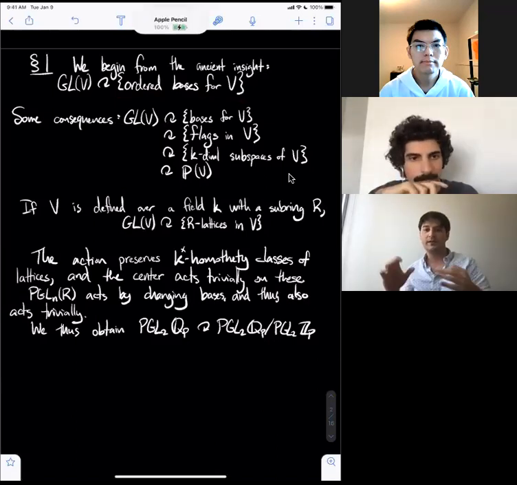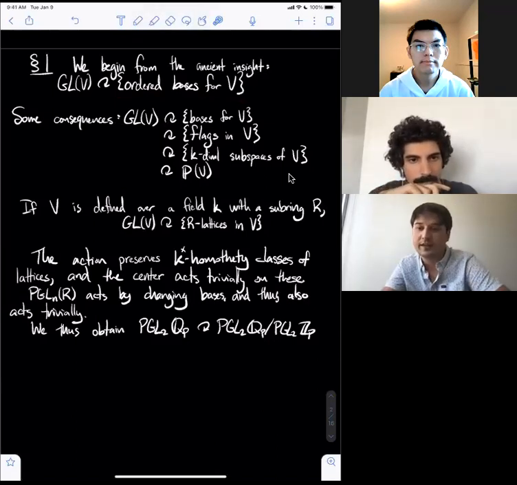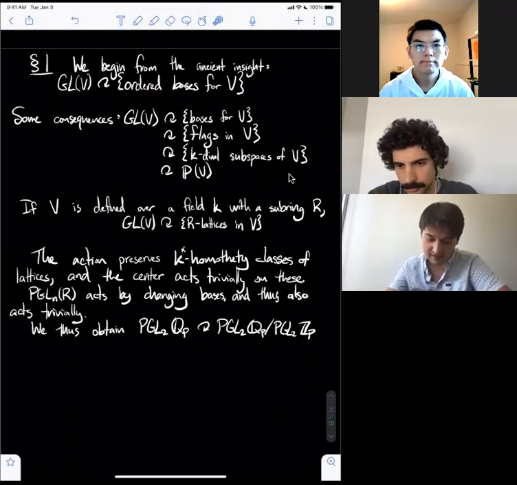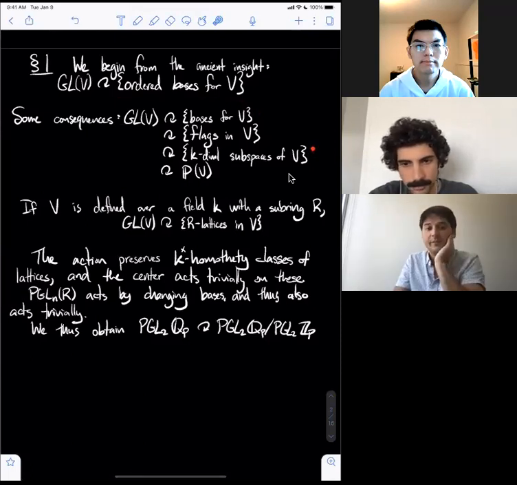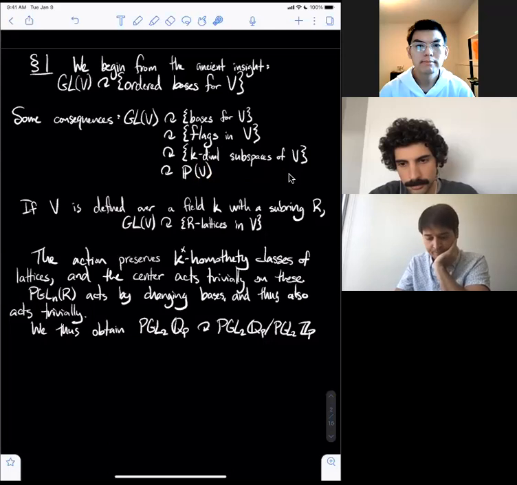So we can take different related things to this set and get different actions. If you act on the ordered bases, you act on bases, you act on the flags in the vector space, you act on the k-dimensional subspaces of the vector space, you act on the projective space or the one-dimensional subspaces. And most relevant to our purposes, if V is defined over a field K and you have some subring R, then GL(V) acts on the space of R-lattices in V.